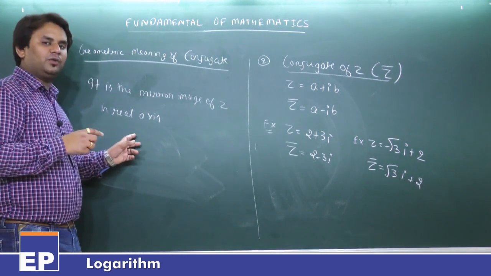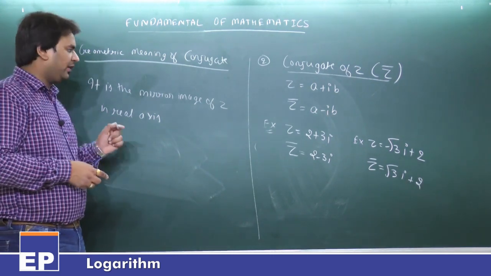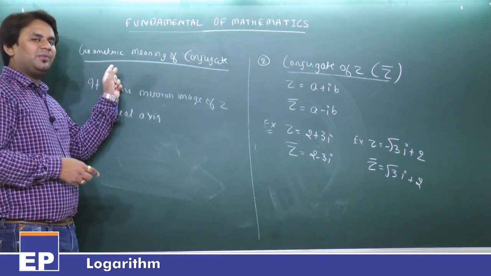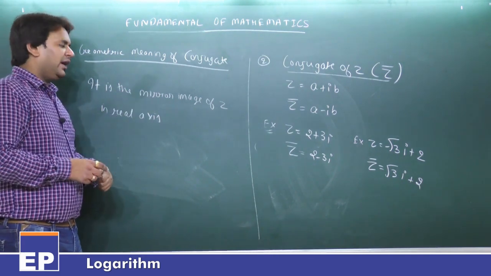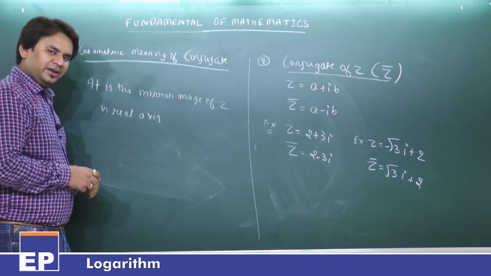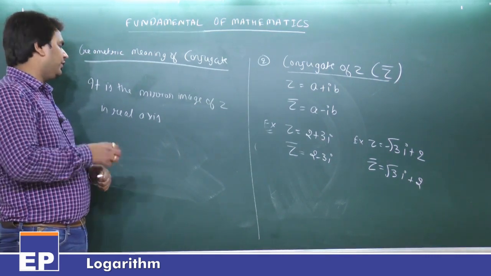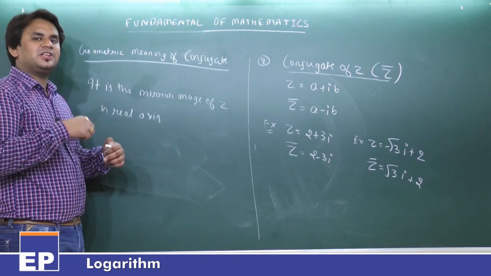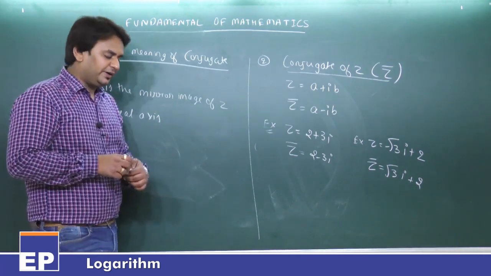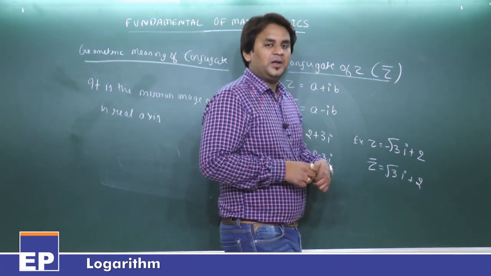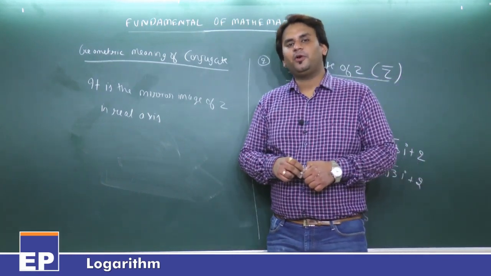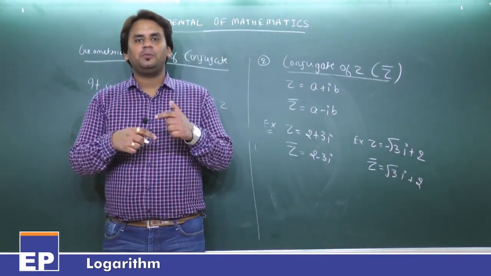I will tell you later on what the real axis and the imaginary axis are. Just remember this geometrical meaning of conjugate: it is the mirror image of z in the real axis. And what was the geometrical meaning of modulus? It is the distance of the complex number from the origin. So we now know both geometrical meanings.